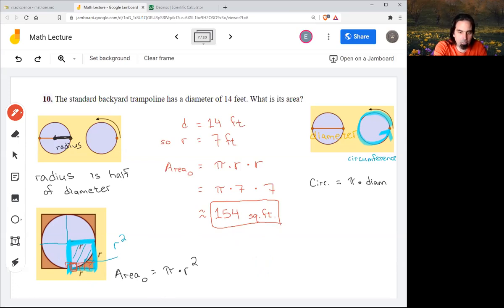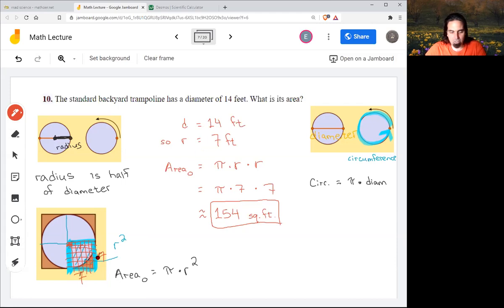Let me see if I can make my little picture a little better. Can you imagine taking this r squared by r squared thing, chopping it up into 7 equal pieces in each direction? And then one of those squares is a square foot, because this was 7 feet by 7 feet, right?